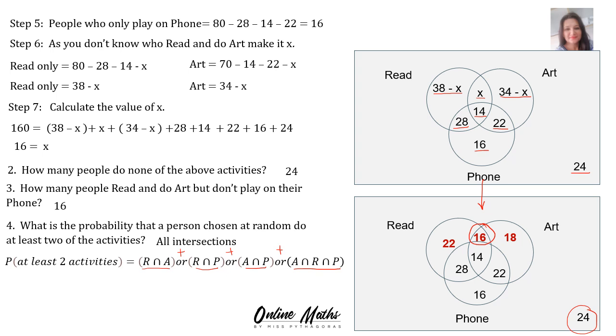And then when you add all of that, remember or means plus, you get 16 over 160, plus 28 over 160, plus 22 over 160, plus 14 over 160. And when you add all of that, you get a half, therefore 50%.